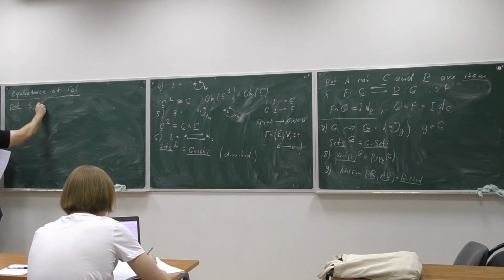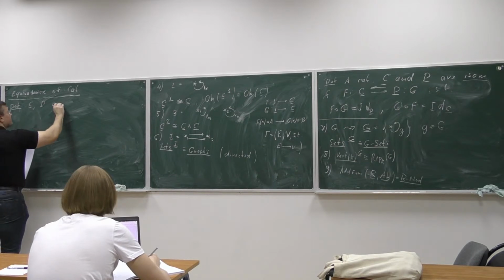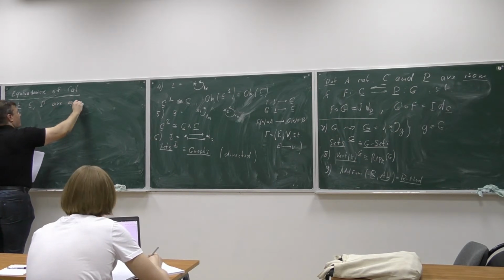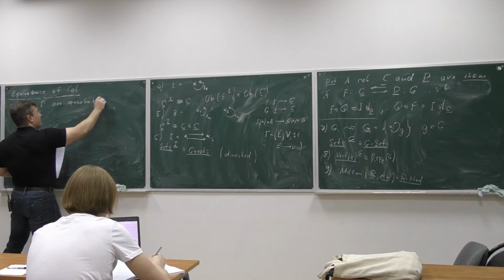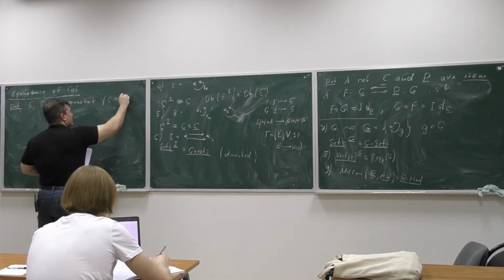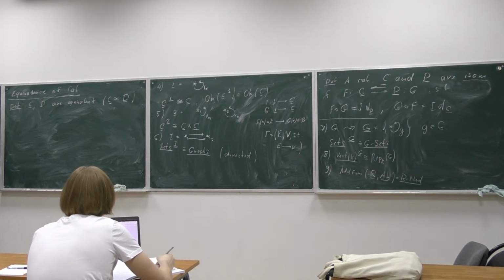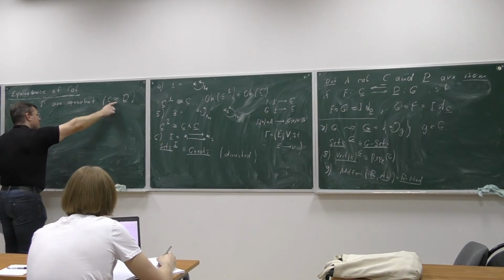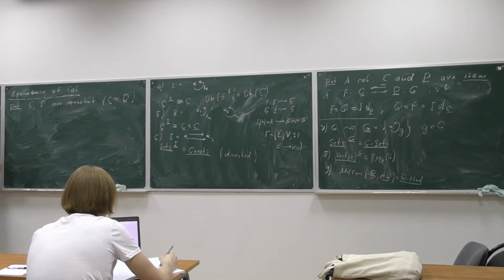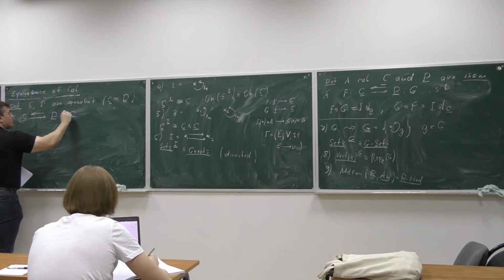So categories C and D are equivalent. Again, the correct notation is this one, but I probably cannot keep this correct notation all the time. So if we have two functors as before, f is a functor from C to D. There is another functor g in the other direction.